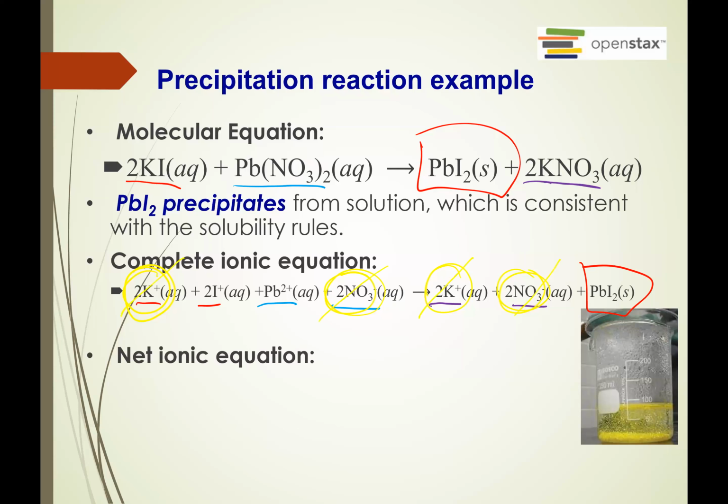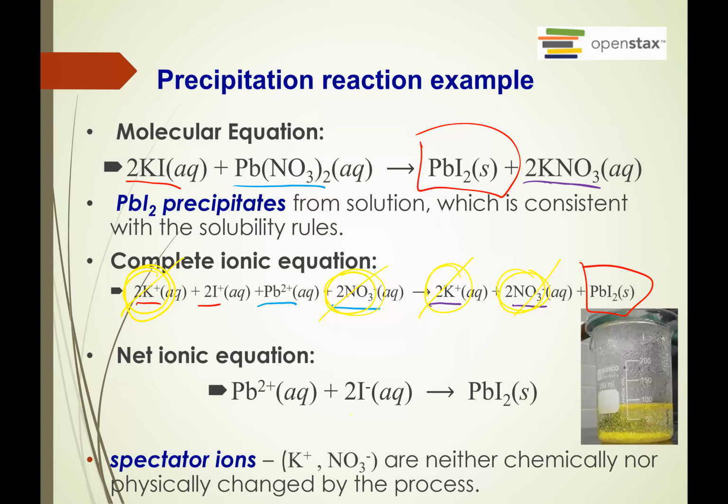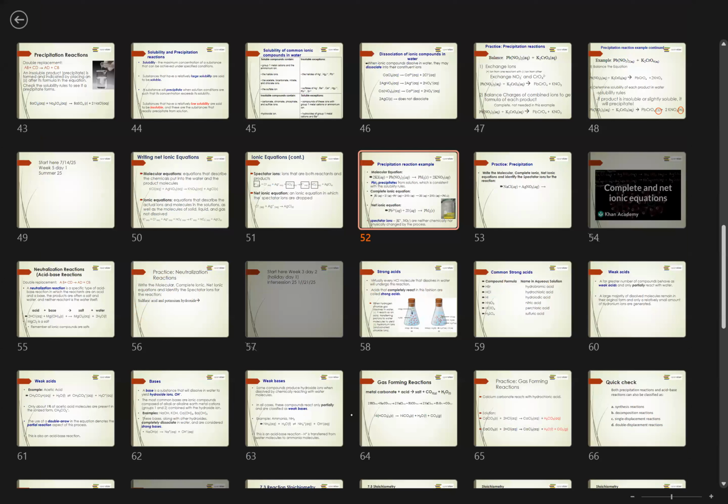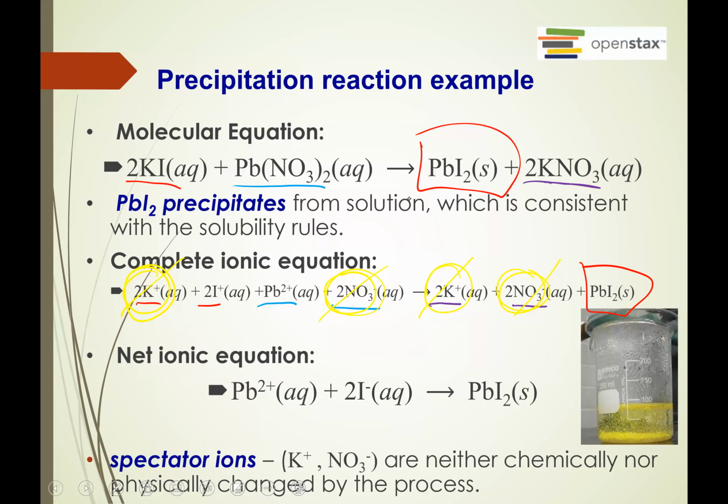We cross those off and we're left with I and Pb and PbI2. And again, our spectator ions are the ones we crossed off. So you will need to make sure that you can do this whole thing when you're doing your exam. And this is what your next homework is doing too. A lot of this.